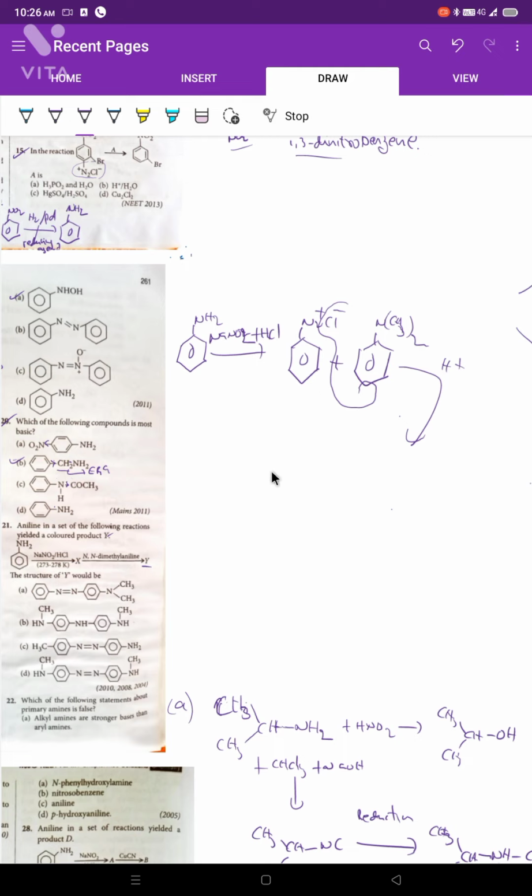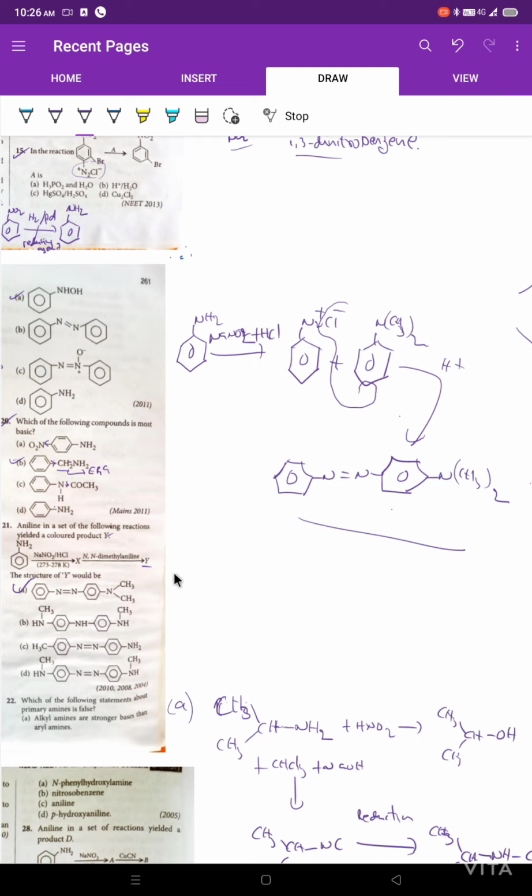You get the coupling product, which we know from the textbook, with the N=N double bond and N(CH3)2. So A is the correct compound.